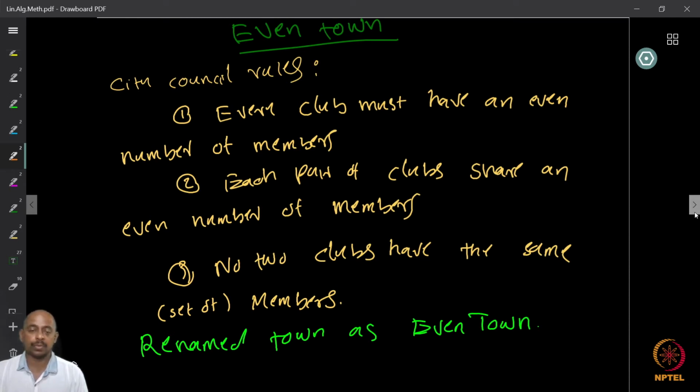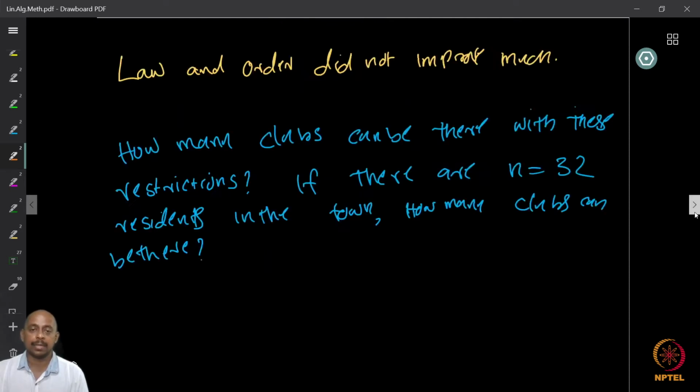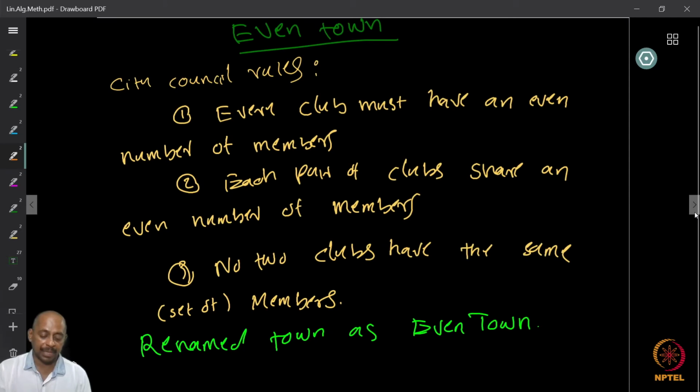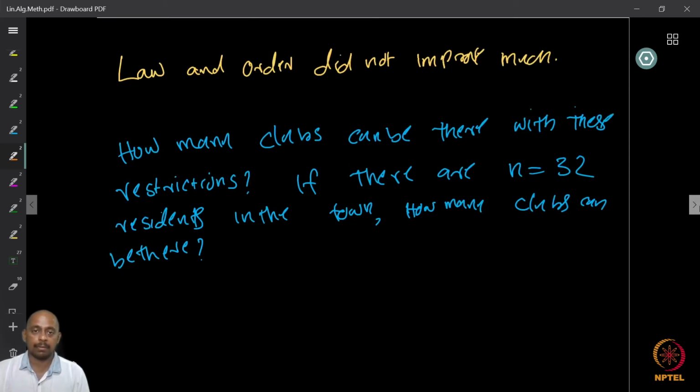I mean, it had of course reduced the maximum number of clubs, but still the number was very large, and they could not solve it. So the conclusion was that this did not help much, right?